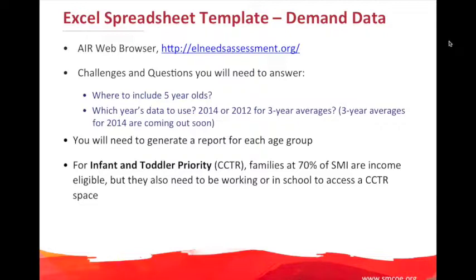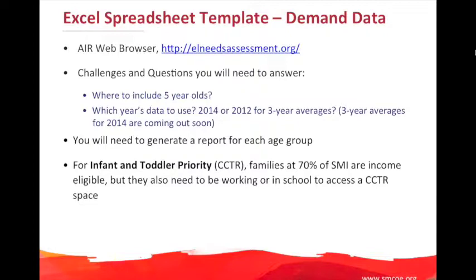AIR has said the 3-year averages haven't been released quite yet. The American Community Survey will do them soon, within a month or so, and they will post those so that you would have 3-year averages for 2014 very soon.